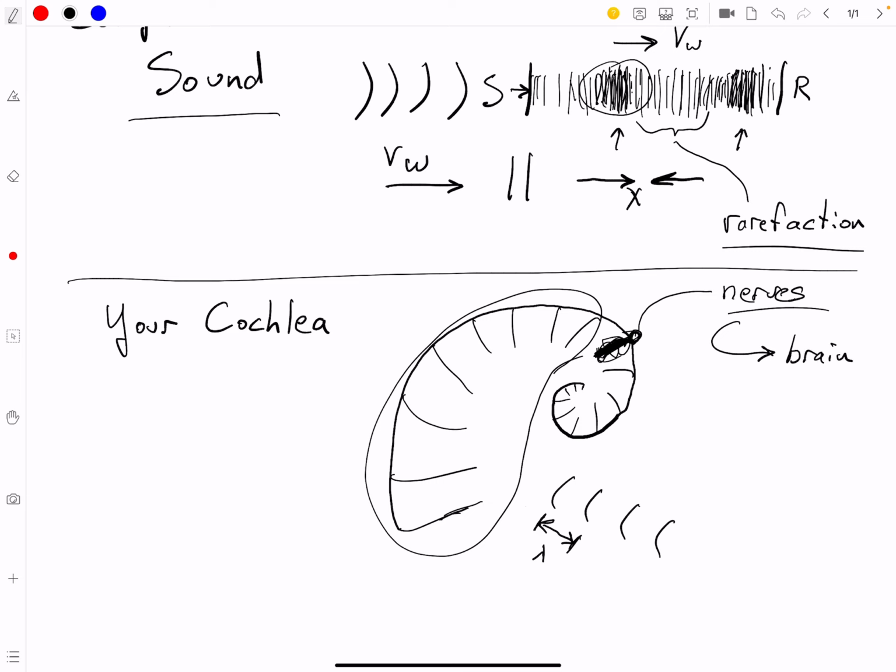And then your brain does all the processing, right? It does all kinds of stuff so that when sounds come into your ear, you can make that work. And your brain infers all kinds of things like direction, the volume of the noise, the frequency or pitch.